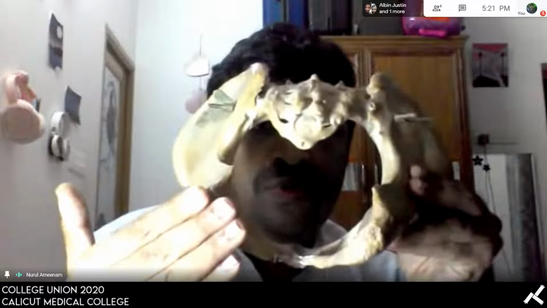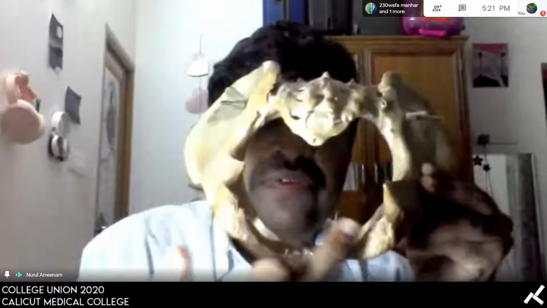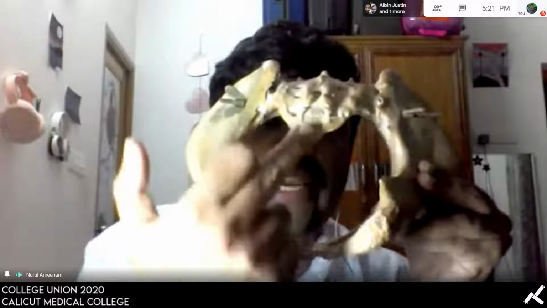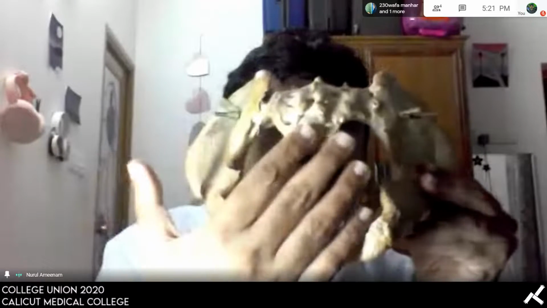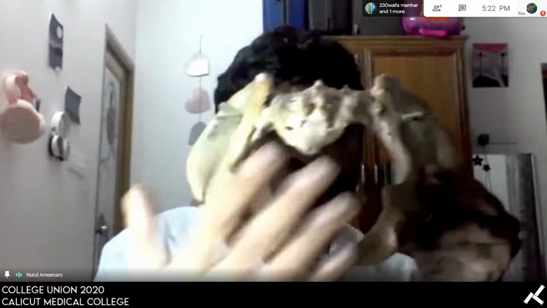This forms a diamond shaped or rhomboid outlet. If you draw a line between the two ischial tuberosities, you can divide it into two triangles. That is how the outlet is. This is actually called the anatomical outlet, but that is not what we need.